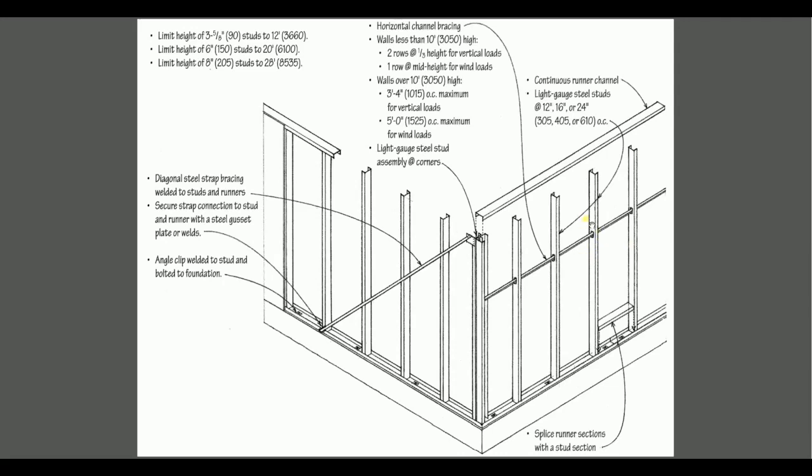So the spacing is 12 inch, 16 inch or 2 feet. It is the same as the wood stud, but it is light. And here we put some bar, stable bar here, just one stop here. Also we need the brace bar here.